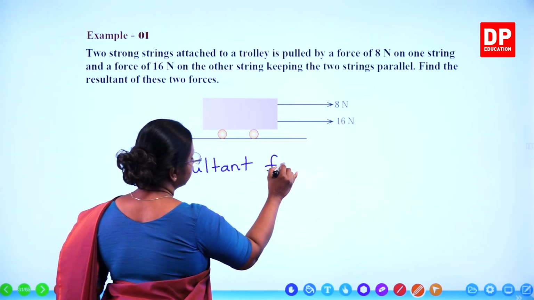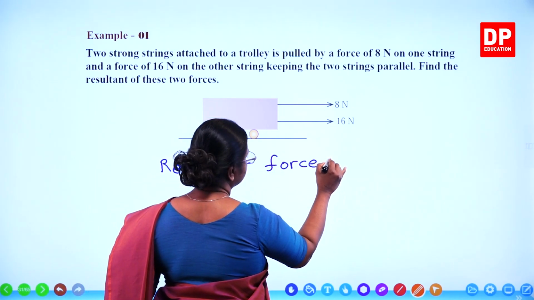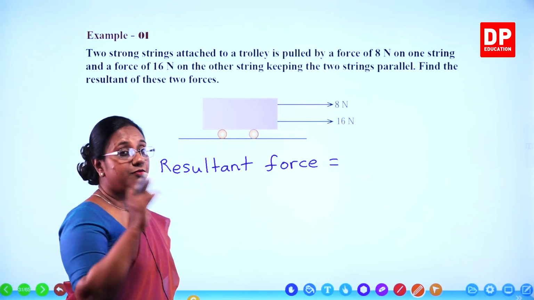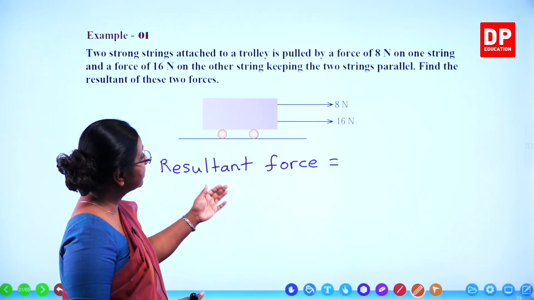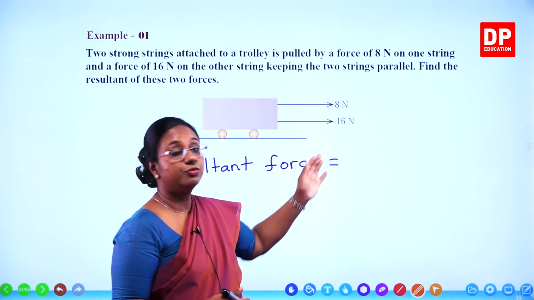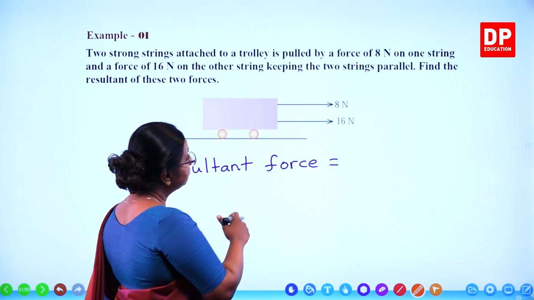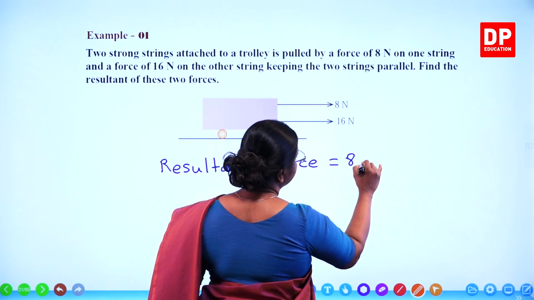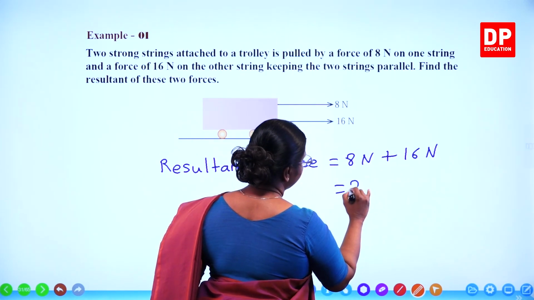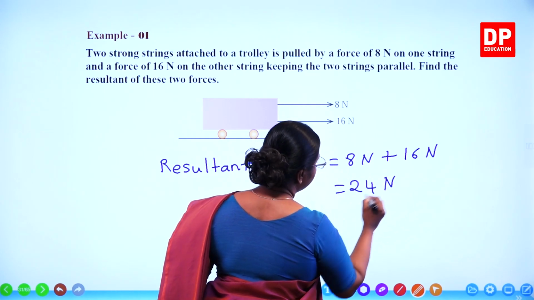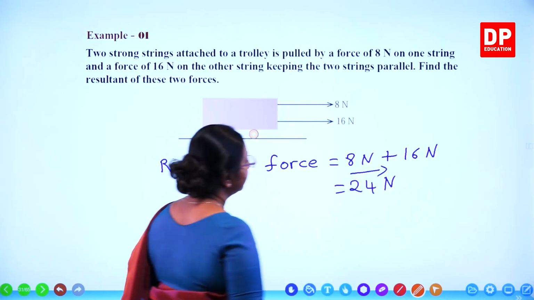We can say resultant force, that is the final value. When we refer to it, we can say resultant of the two forces. So, resultant force is 8 Newton plus 16 Newton. That is going to be 24 Newton, again in this direction.